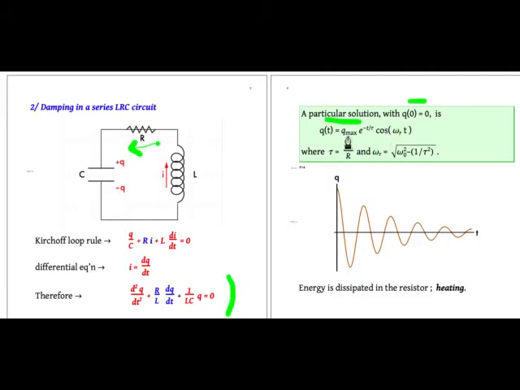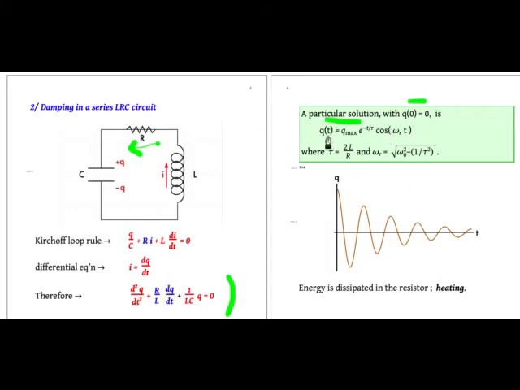This will solve the equation. Q max, some constant, it turns out to be Q max, e to the minus t over tau, an exponential decrease, cosine omega t. Cosine of something I'll call omega sub R t.